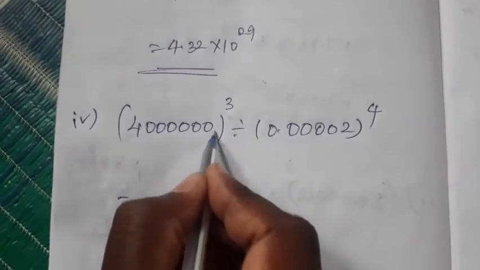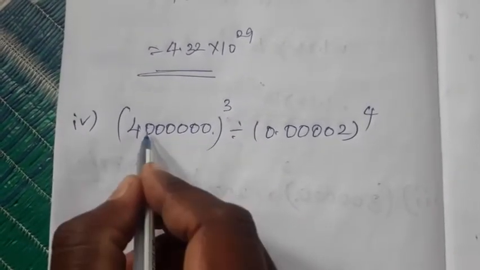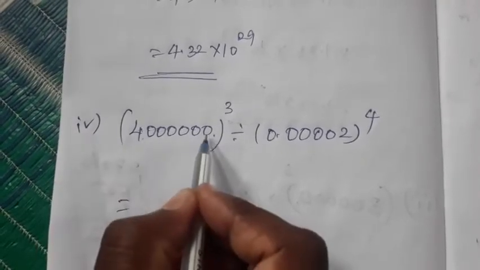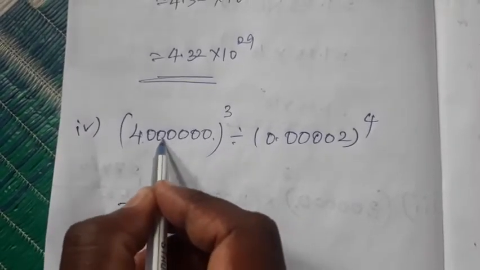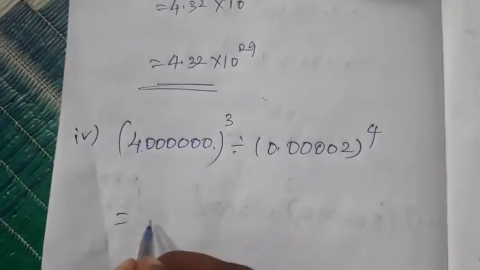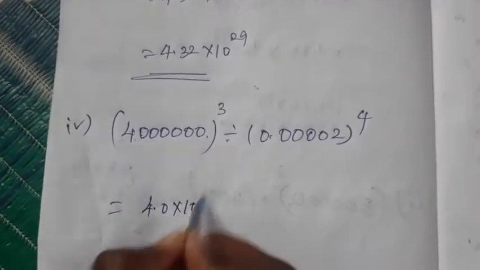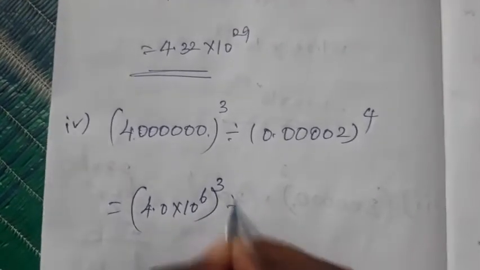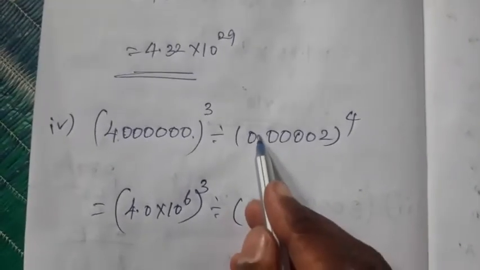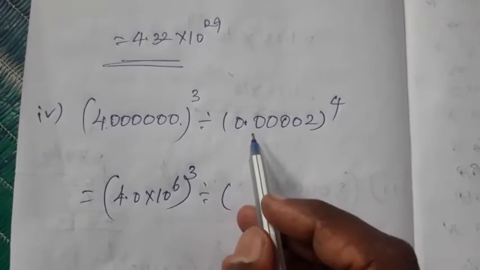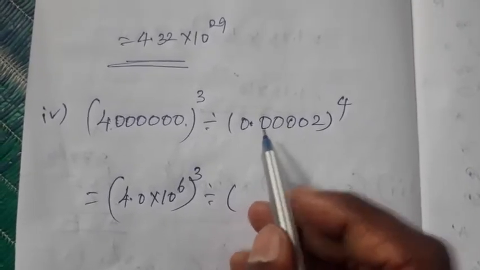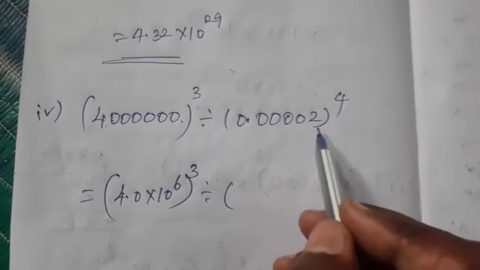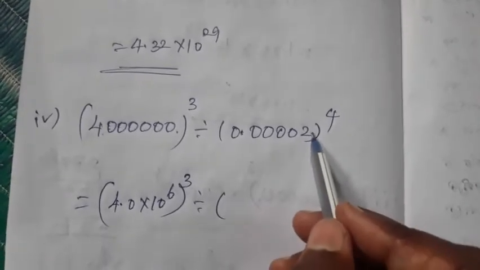Here see the decimals, here the decimal moving towards up to this point. How many decimal places? 1 2 3 4 5 6 digits there. Therefore 4.0 into 10 to the power 6 whole to the power 3 divided by, next here see that digits here there. Then I want to write only one non-zero digit to its left. Then decimal moving towards the right side up to here, 2 point there.